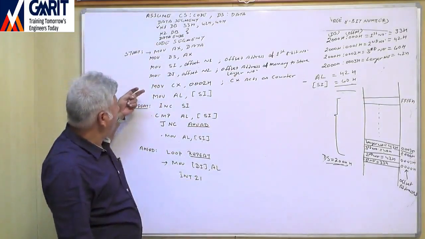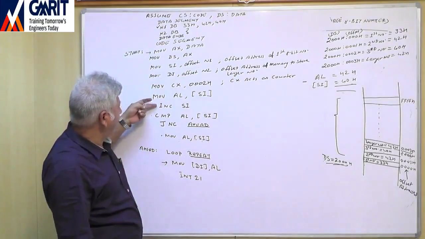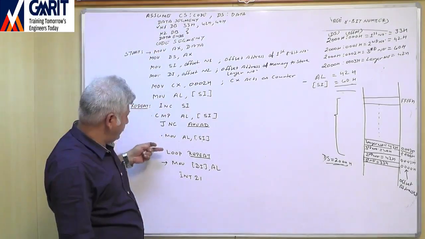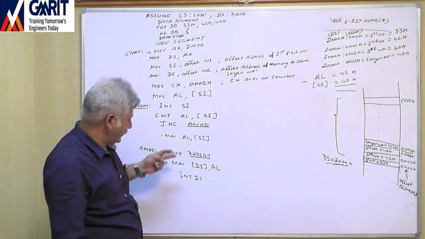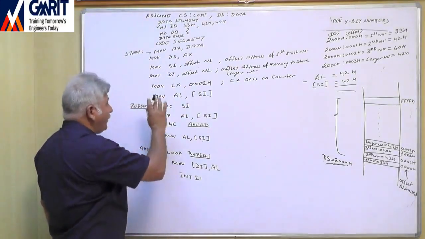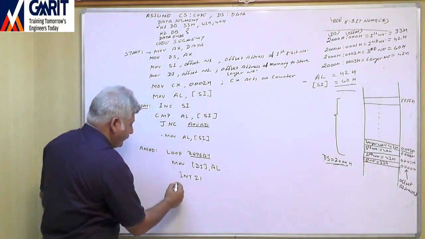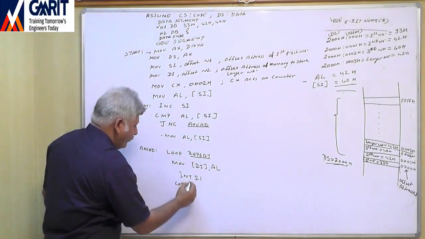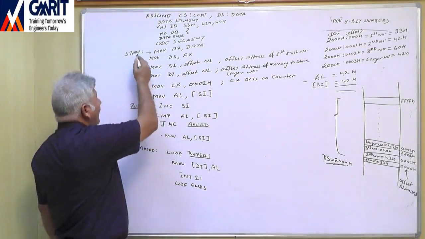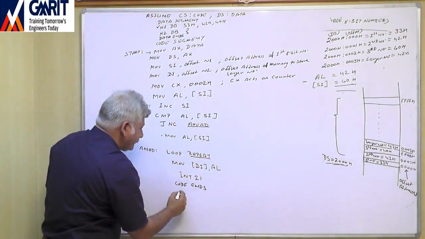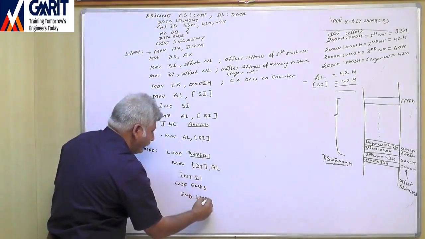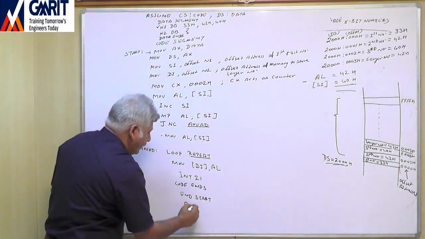Then move this, INC, this, okay. And in the last, I will end the code segment. So for this, code ends. After this, I will end the start. So for this, end start. And in the last, end.